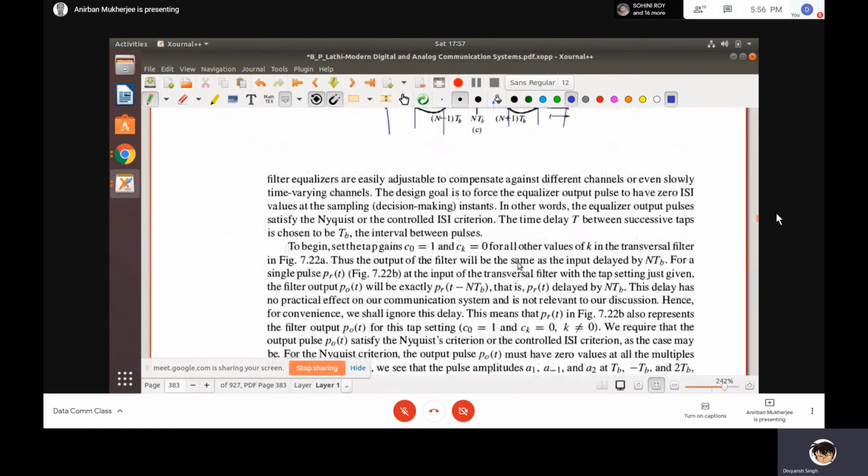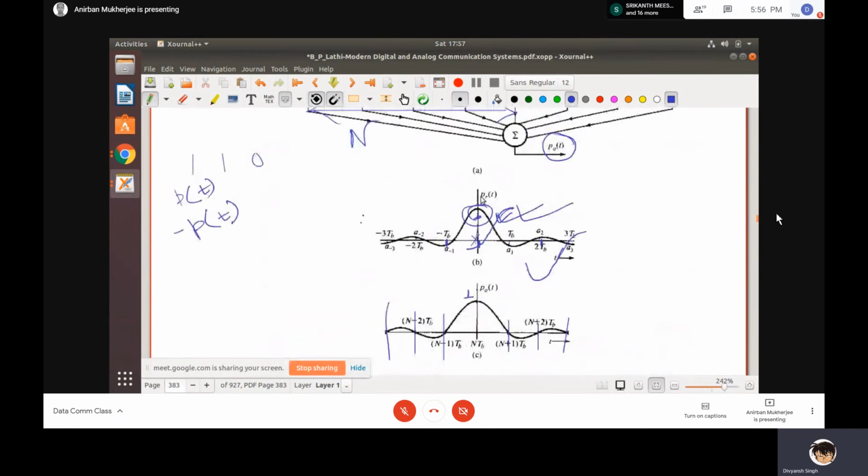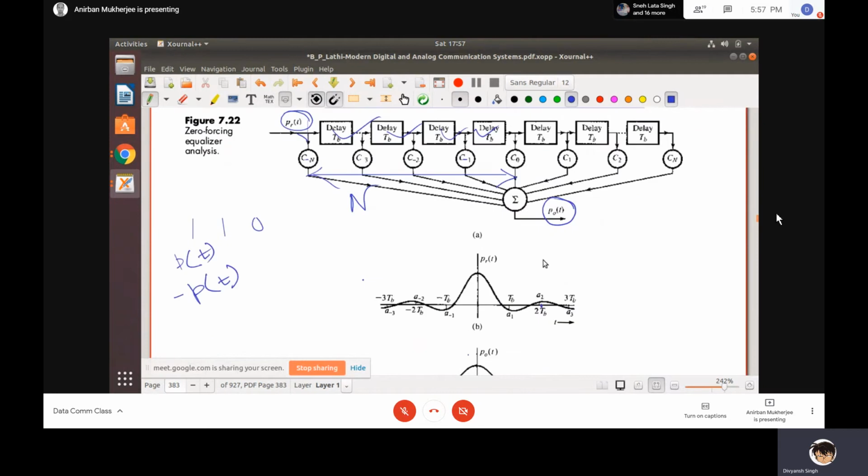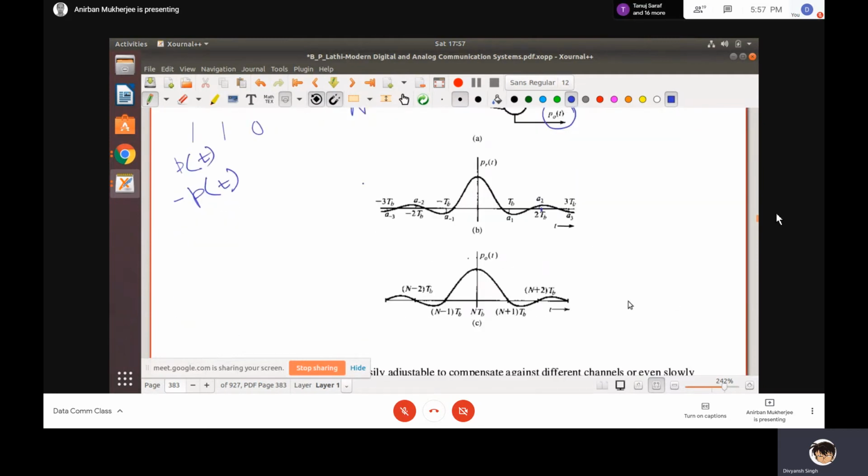That means first, if I take only one pulse, instead of the many coefficients I have taken, if I take only one coefficient, C0 into PR, where C0 is some 0.51, some scalar number.